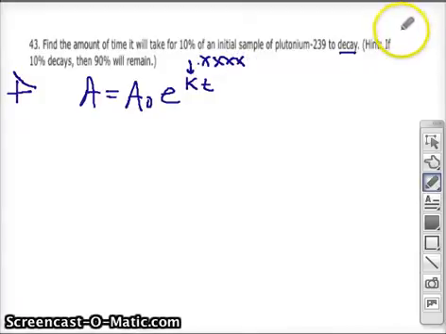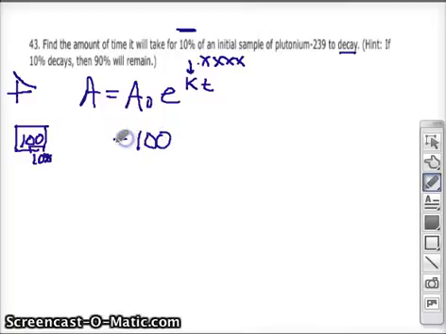All right, find the amount of time it will take for 10% of an initial sample to decay. Well, 10% to decay. Here's 100% of something, and if 10% of it decays, what's left? 90% is left. So I'm beginning with 100%, I'm ending up with 90.